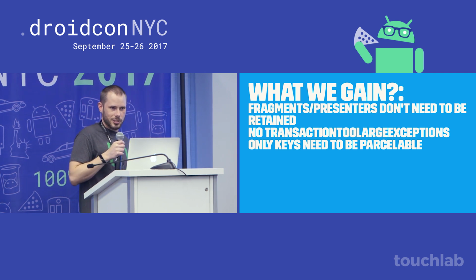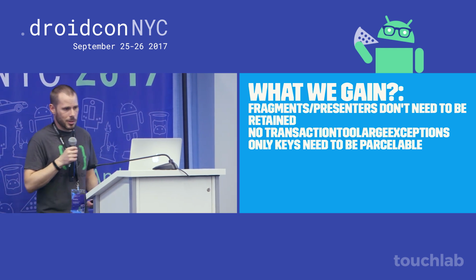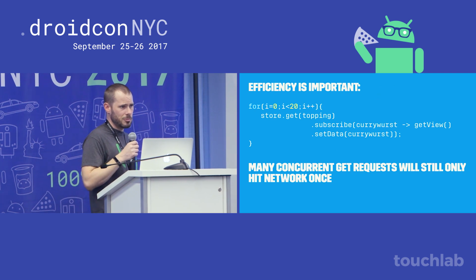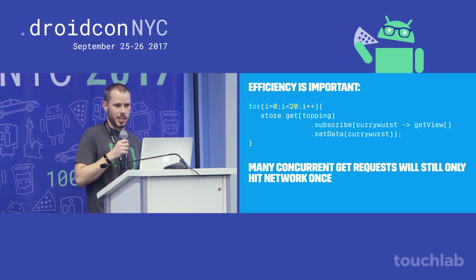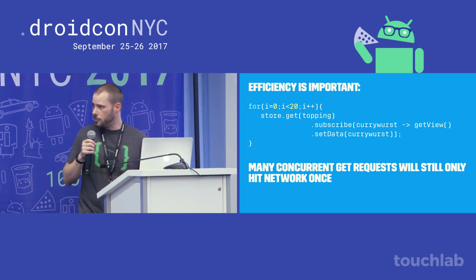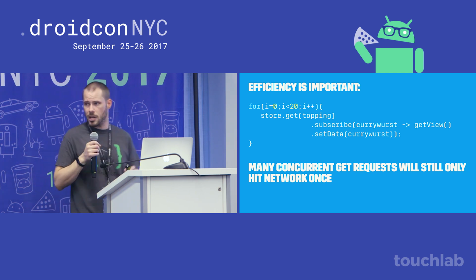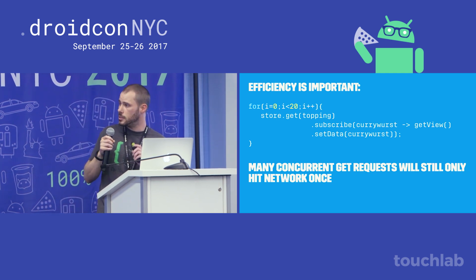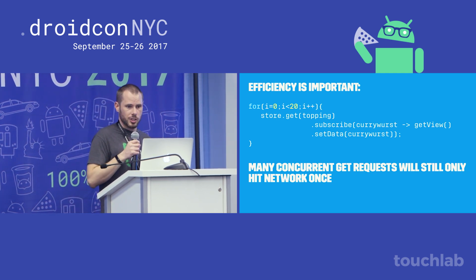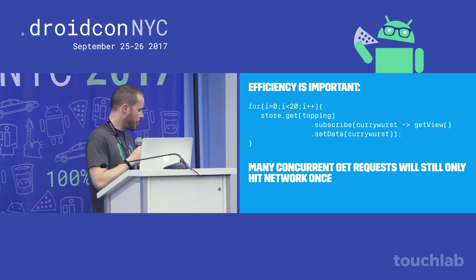You don't get the transaction too large exceptions of shoving all that data in the bundle, which you shouldn't be doing. Only the keys need to be parcelable. And as I mentioned before, with this thundering herd pattern, everything should be efficient. If you spin up a loop and make 20 requests, there should not be 20 separate requests going to the disk or the network. It should all resolve down to one.